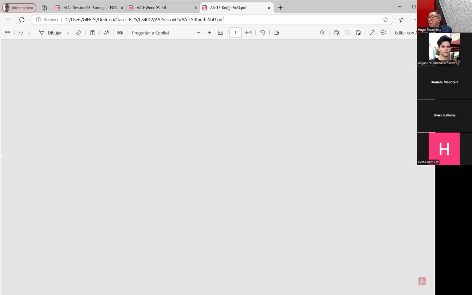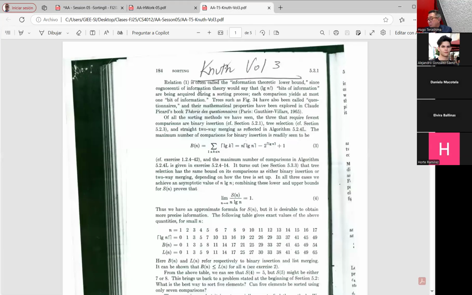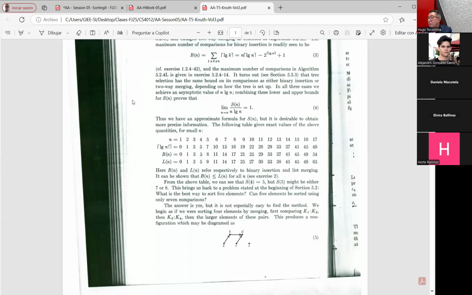So I'm including this document in the homework, right? For example, here, what you have to do is follow the steps in the algorithm.